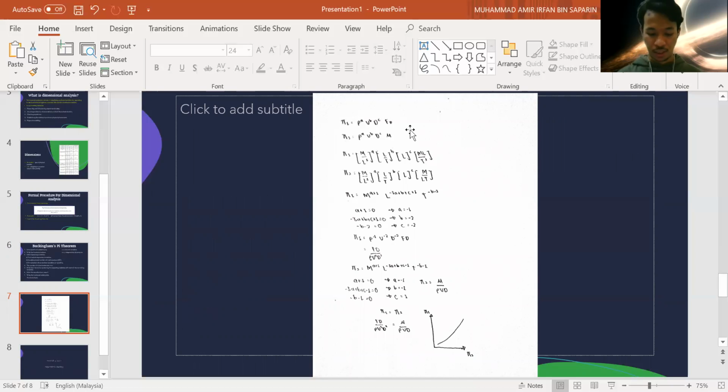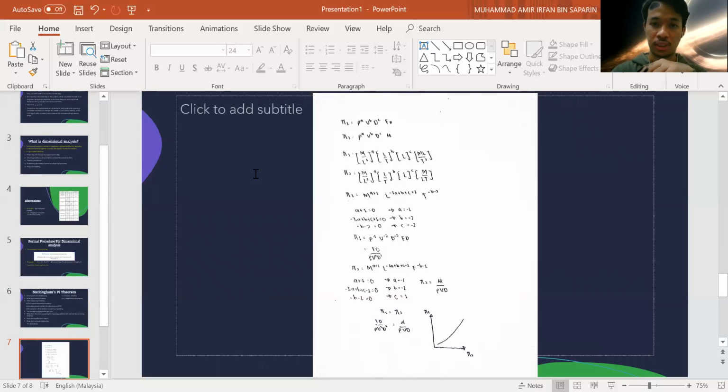That's why we call them repeating variables. We use the same variables and repeat them for each parameter. There are two remaining variables, which are drag force and also viscosity. So we take drag force in the first pi and viscosity in the second pi.